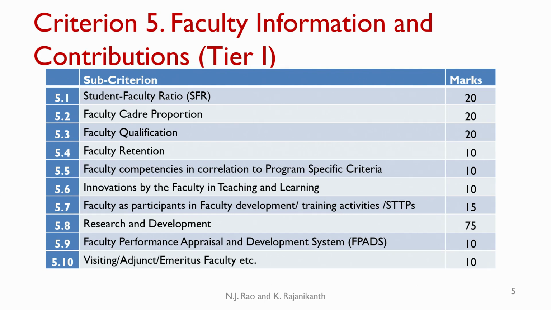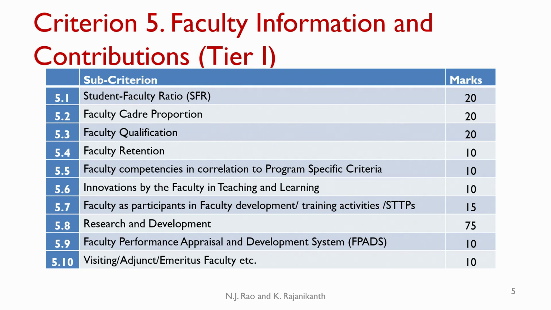Once again, student faculty ratio 20 marks, faculty cadre proportion 20 marks, faculty qualification 20, faculty retention is 10, faculty competence in correlation to program specific outcomes 10. This particular one is specific to Tier 1 institution, which does not exist in the case of Tier 2 institution.